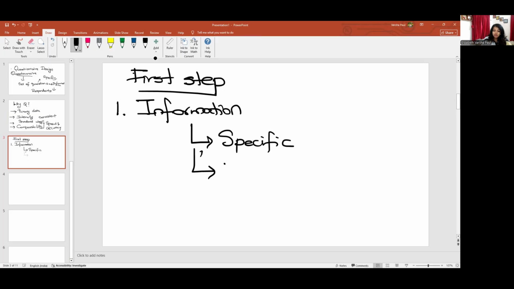Second, the main thing is respondents. How can they understand or comprehend the question? It has to be simple, in common layman's terms. The language, the mode of communication, also matters, because I cannot approach migrant workers in English.